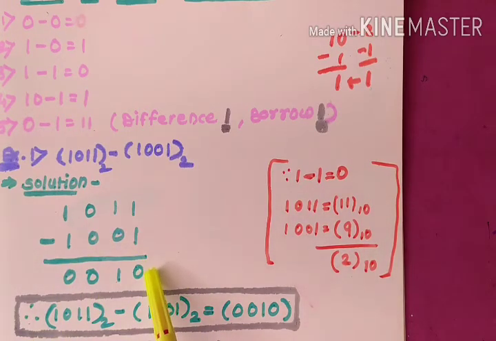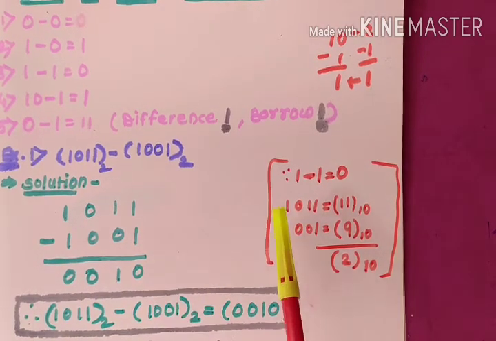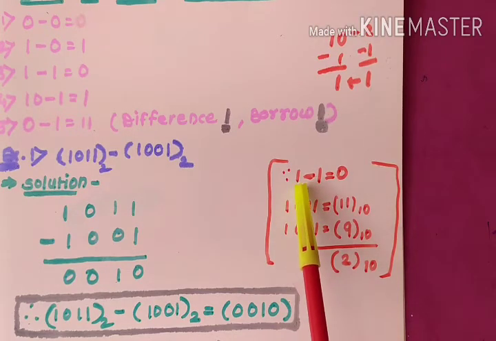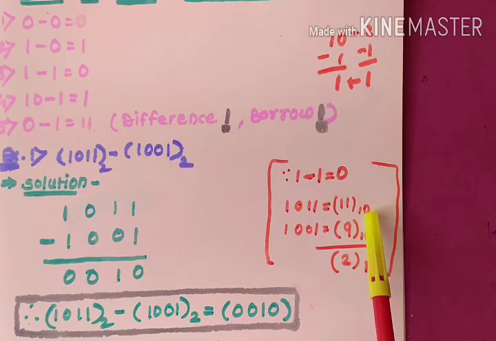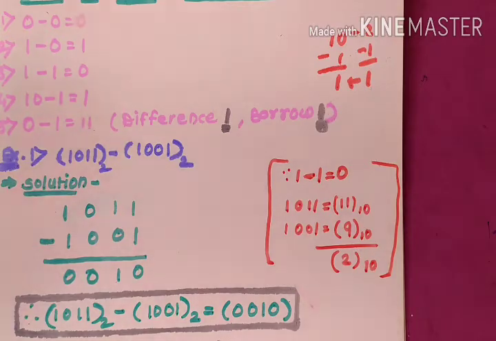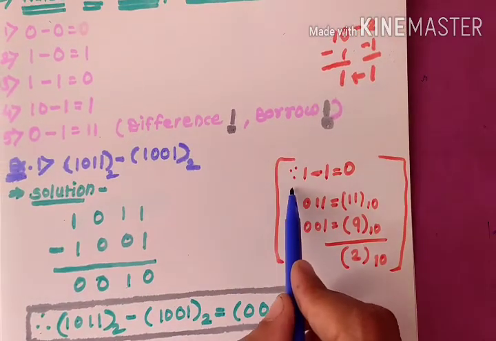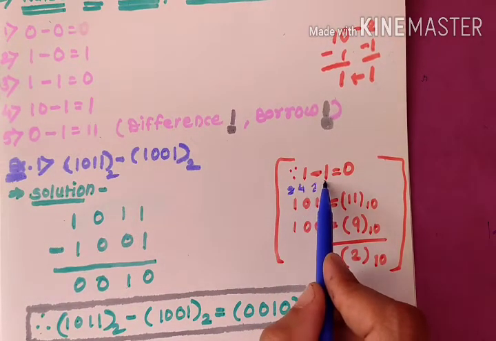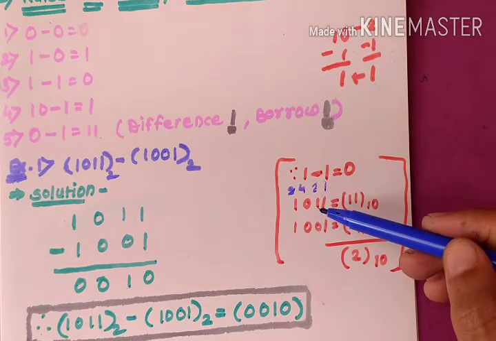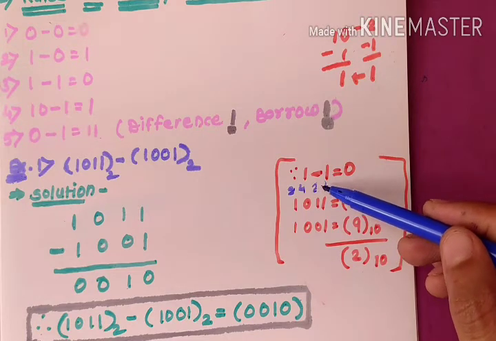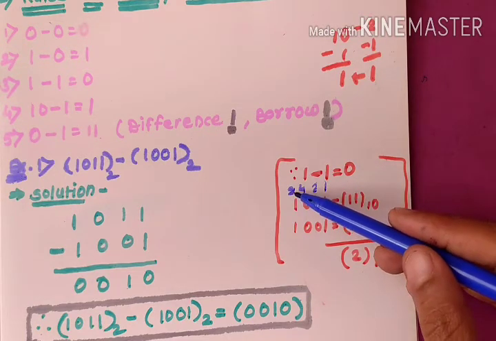Let us verify this answer in another way. We can convert 1011 into decimal by using 8421. This 1 represents decimal 1, this 1 represents decimal 2, 1 plus 2 will be 3, and this 3 plus 8 will be 11.